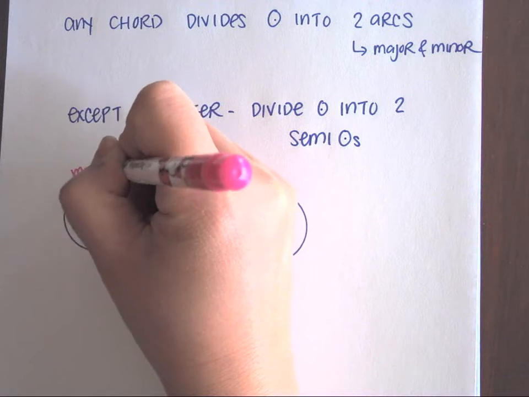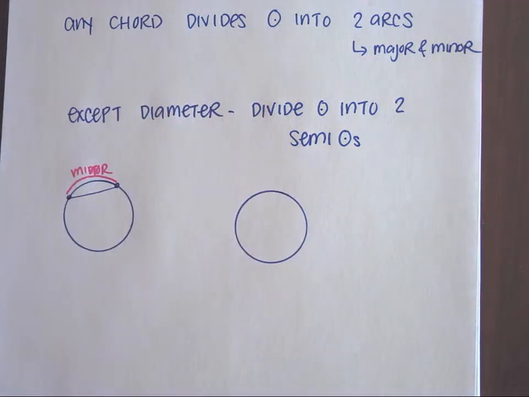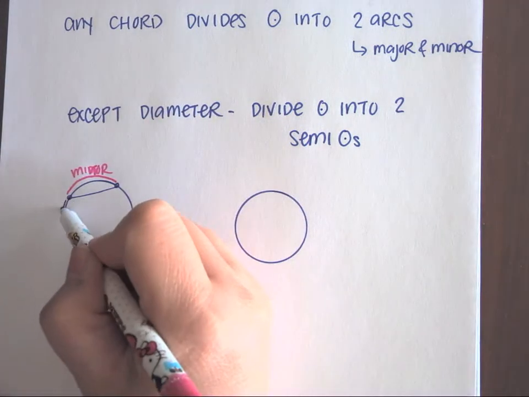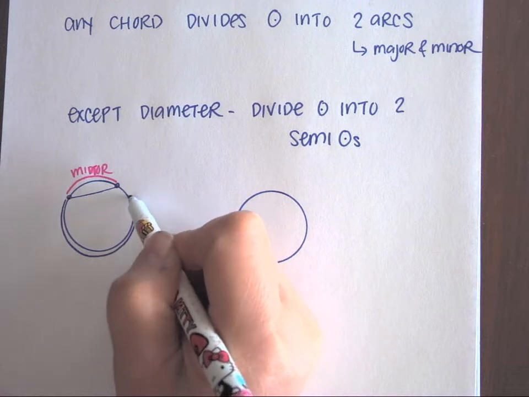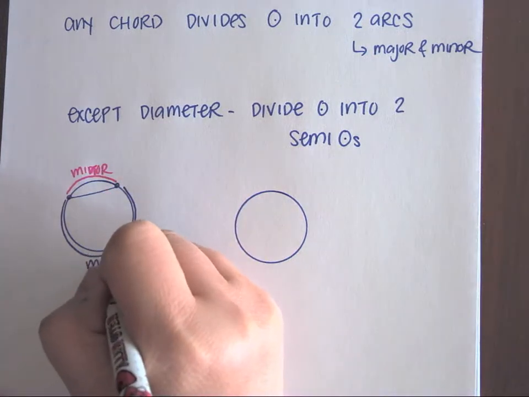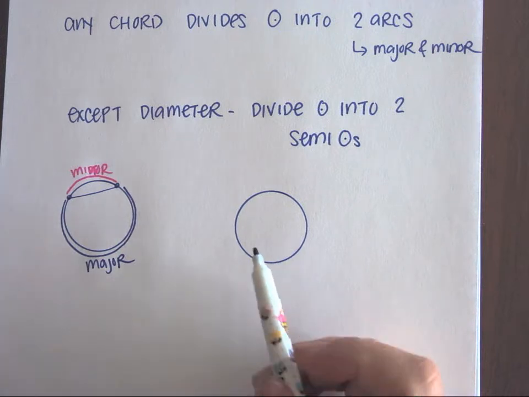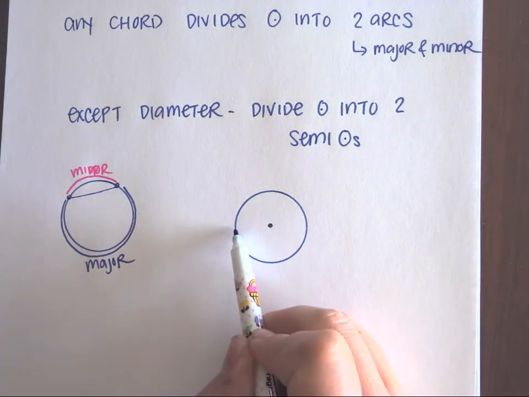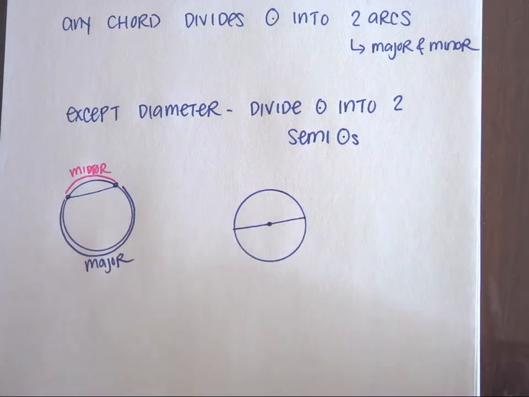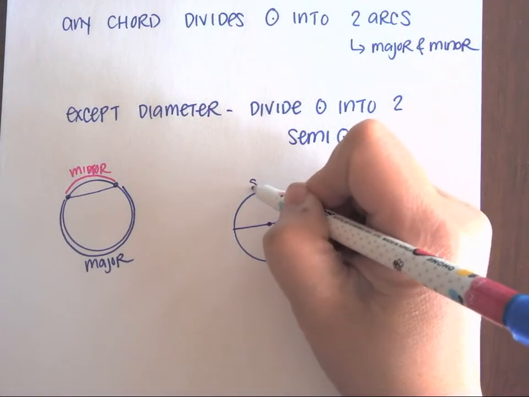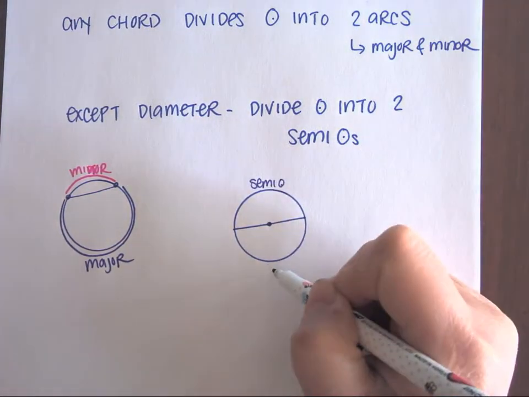Sorry, that says minor. And the other arc is a major arc. In the case that it's a diameter, so we have a center, the diameter goes through and divides the circle into two semicircles.